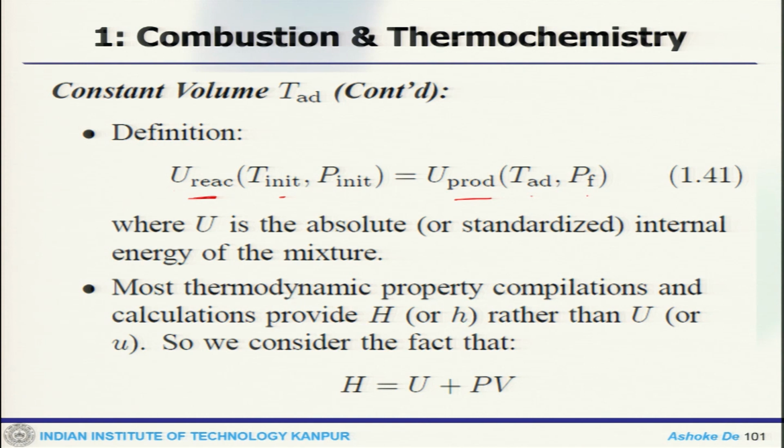Now, most of the thermodynamic property compilations and calculations involve H and U. So, we now compile them. The enthalpy is essentially information obtained from internal energy and the PV.